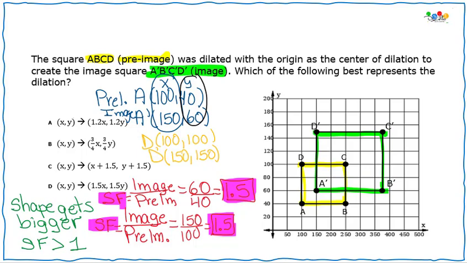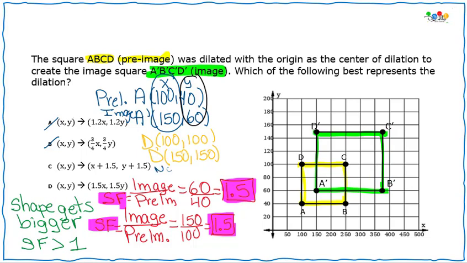It cannot be letter A because letter A has a 1.2, right? Letter B cannot be an answer because that's less than a 1. And we agree that it has to be more than a 1. So I do see C and D. The reason why C cannot be an answer is because you are not multiplying.